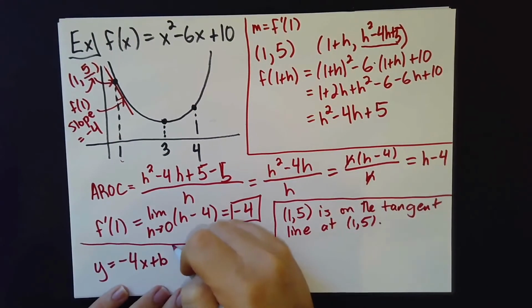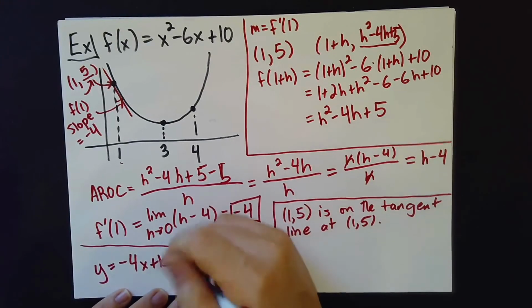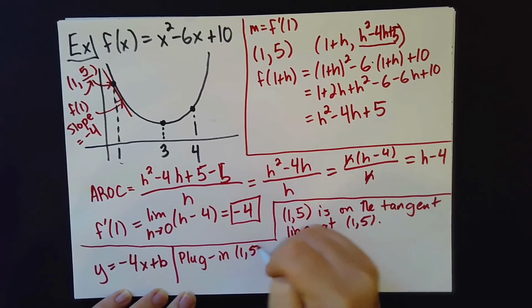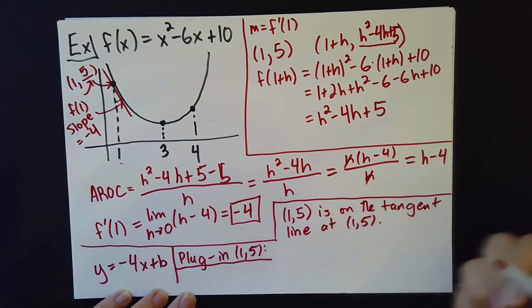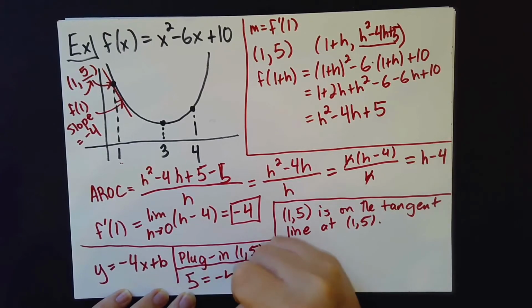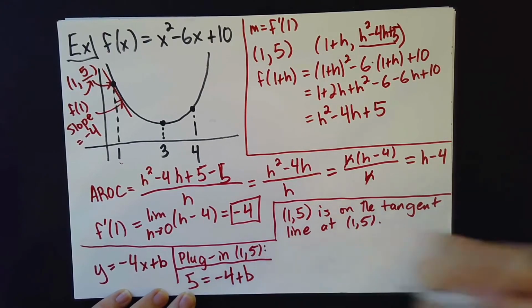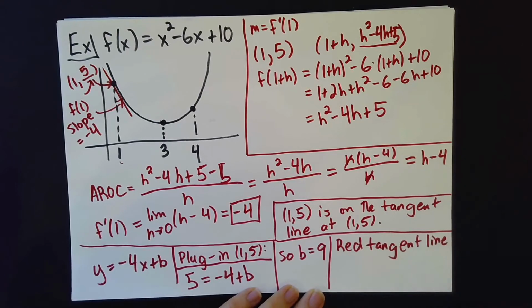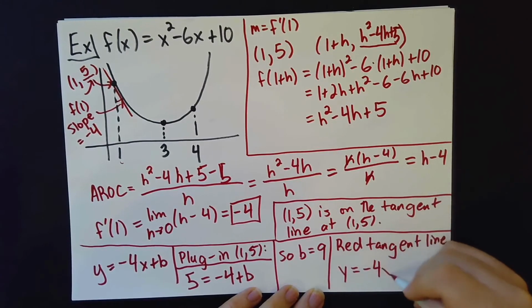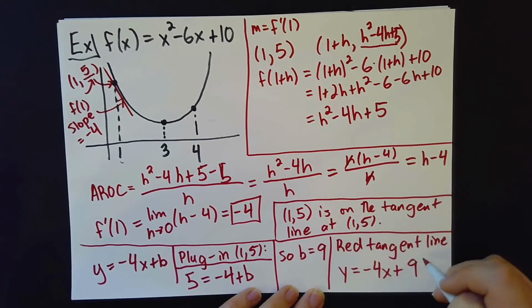And so what that justifies is me plugging in (1, 5) here. And so when I do that, I'll get 5 is equal to minus 4 plus b. And so the red tangent line now has equation y equals minus 4x plus 9.